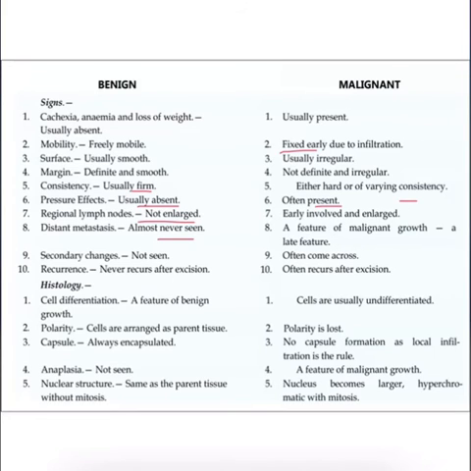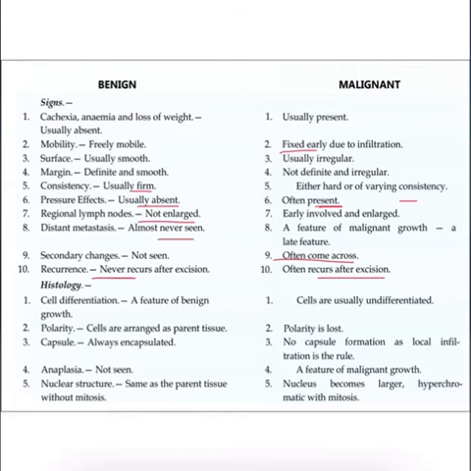Pressure effect is usually present on the surrounding tissues, like when it occurs around the neck region, then it can compress the esophagus, trachea; in the abdomen, it can compress the intestine. Okay, early lymph node involvement is seen and lymph nodes are enlarged, and metastasis is the feature of malignant growth. Secondary changes are not seen in benign tumors, often seen in the malignant. Recurrence never occurs in the benign and it often occurs in the malignant.